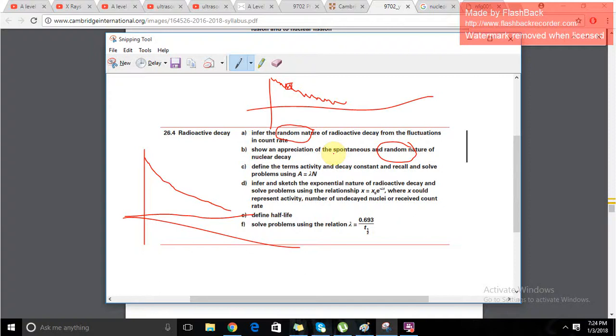You can never influence them to disintegrate. They will disintegrate in their own time, and the probability of any nucleus disintegrating is the same in a particular sample. You cannot make the probability of a particular nucleus disintegrating more or less. You just can't do that, because they're really independent creatures, I guess.